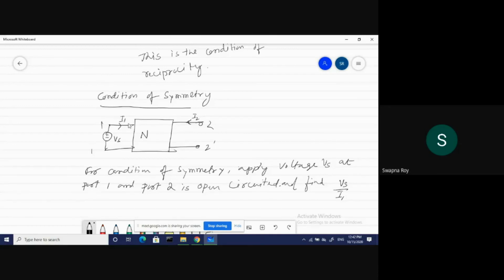As the output port is open circuited, therefore I2 will be 0.